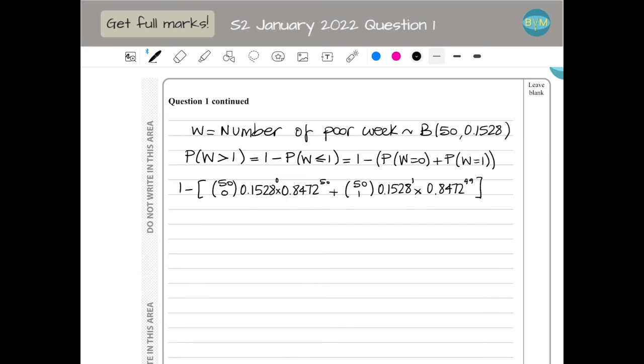So I'm just using the binomial formula. And if you do that with the calculator, it's going to be 0.99748, or 0.9975 if you want to round.